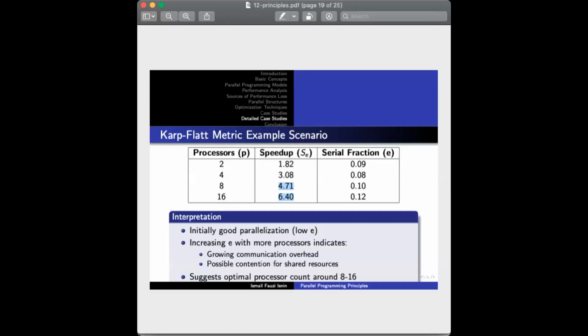This data tells us that under the current configuration, our optimal processor count tops out around 8 to 16 cores.